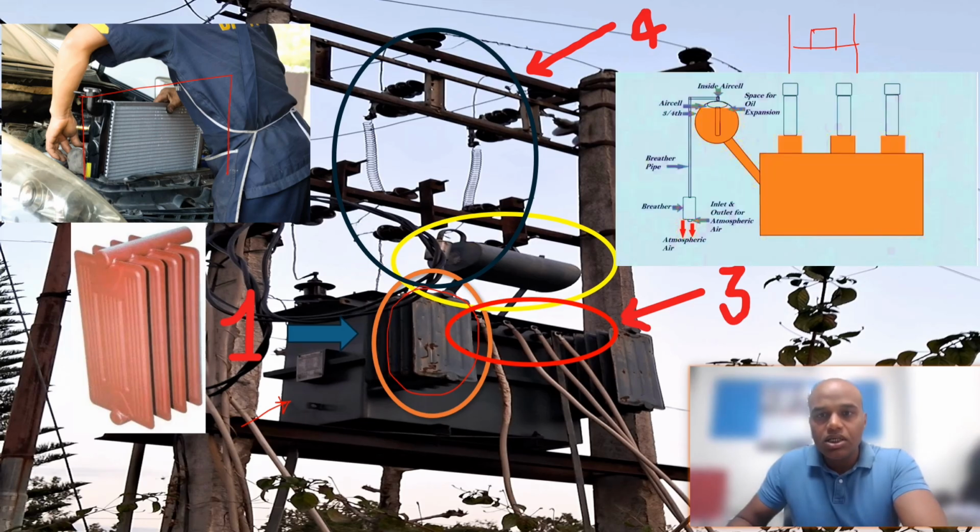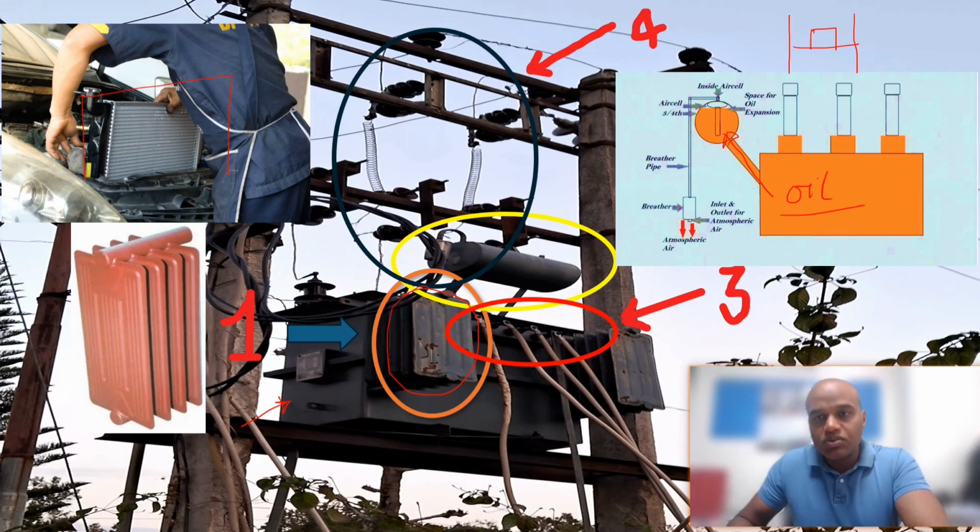The number 2 and 3 are the conservator tank and the incoming and outgoing supply. The conservator tank provides the passage for the oil which is filled inside the transformer.